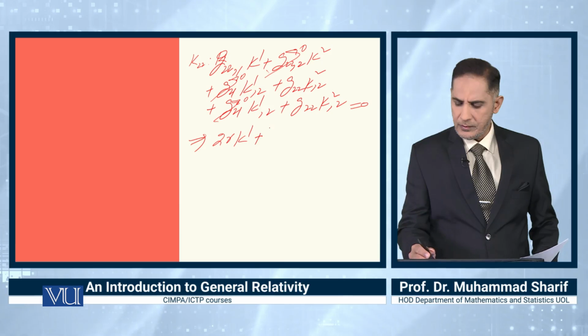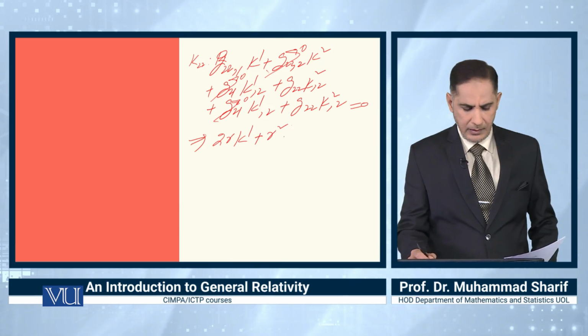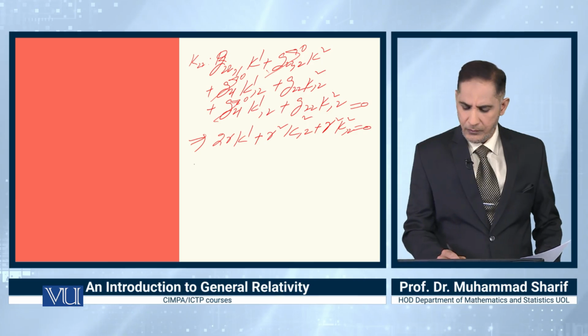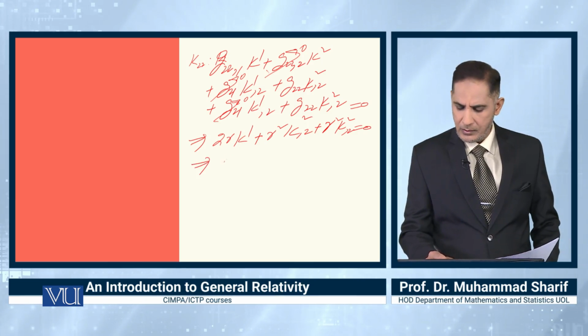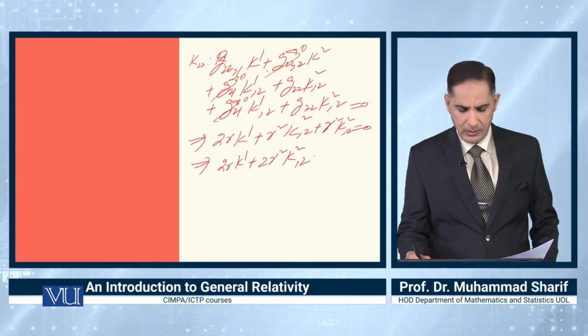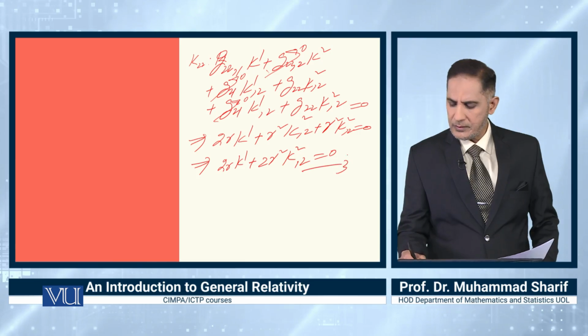Then this is r square k2 comma 2 plus r square k2 comma 2 is equal to 0. And finally, we can write 2r k1 plus 2r square k2 comma 2 is equal to 0. This is the third equation.